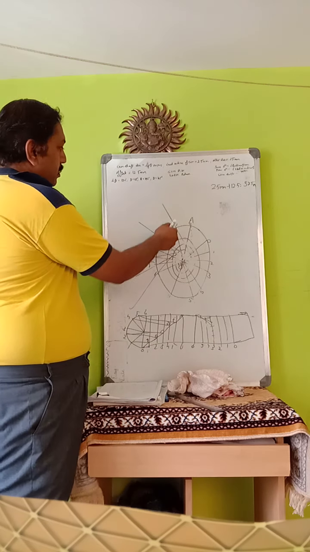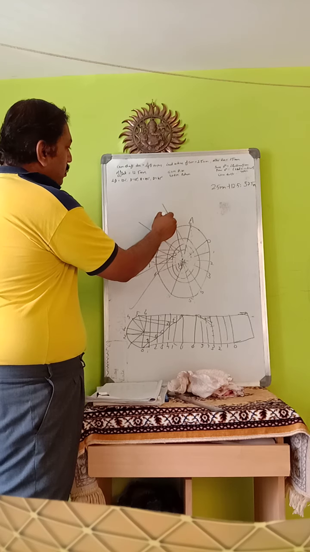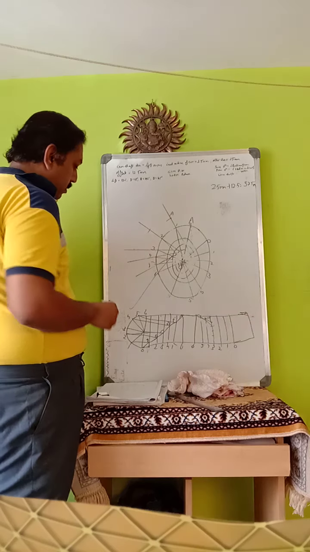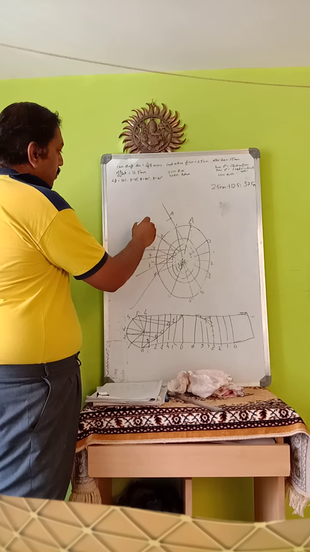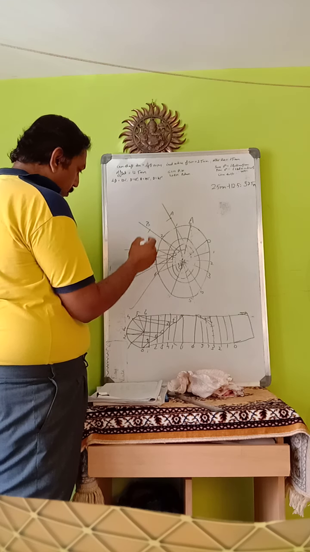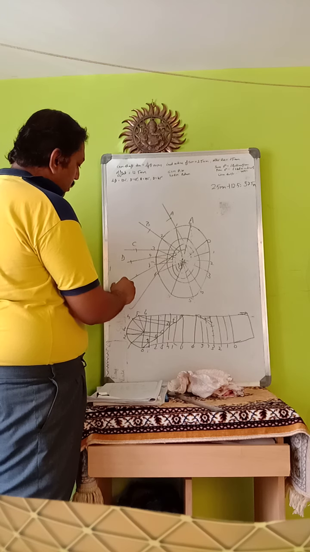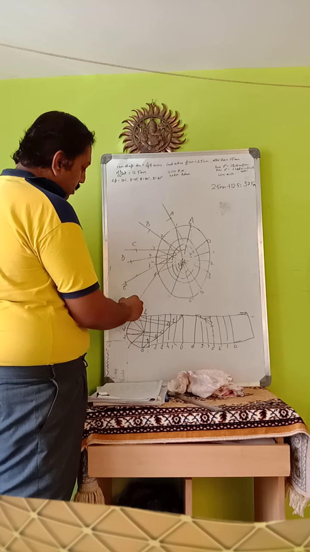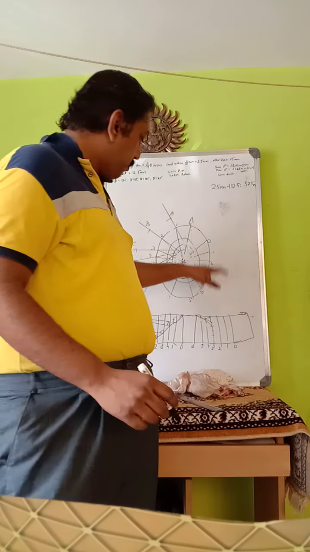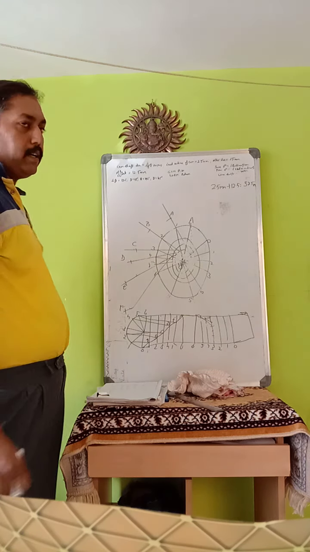Transfer this distance and you will get point A. From 2, you will get B, and from 3 you will get C, and 4 you will get D, 5 you will get E, and from 6 you will get F. Likewise for the return motion also you will get the similar, identical points.